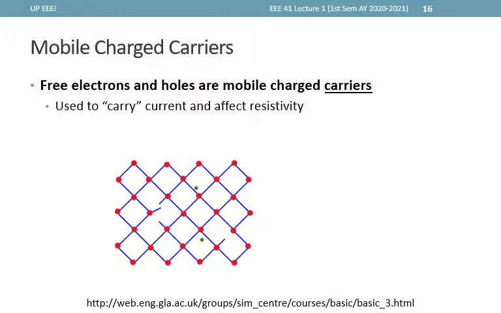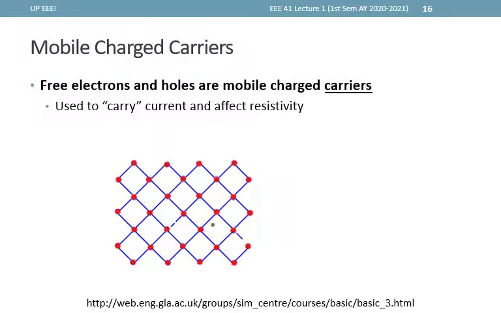Okay, next, mobile charge carriers. So the free electrons and holes are what we call mobile charge carriers. They are the ones used to carry current and the ones that directly affect the resistivity of our material.